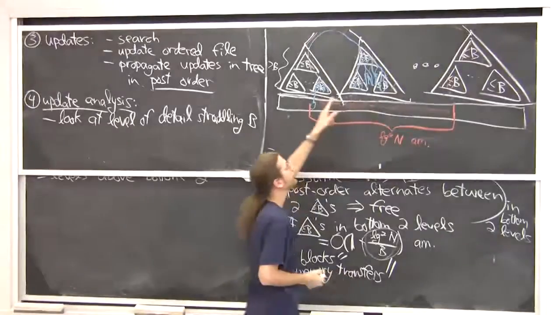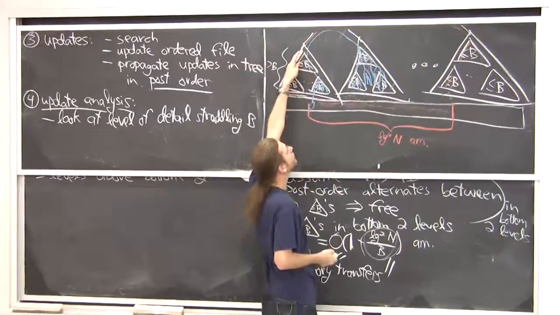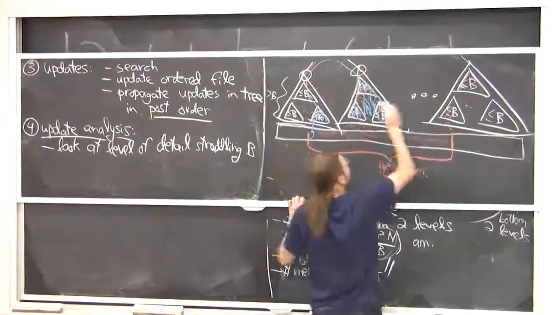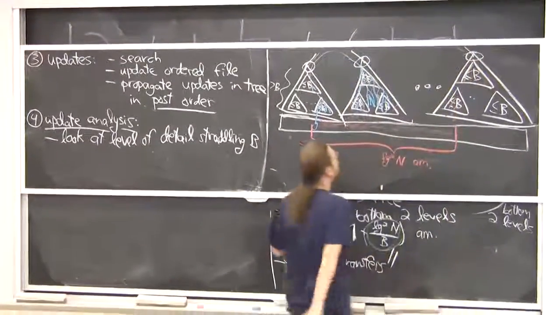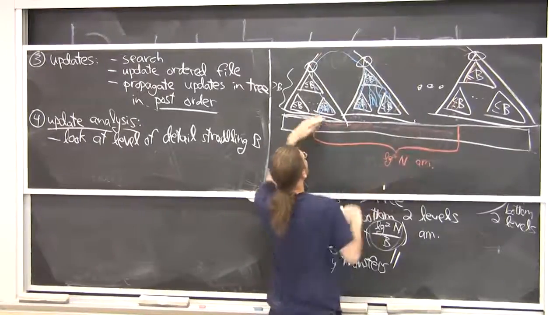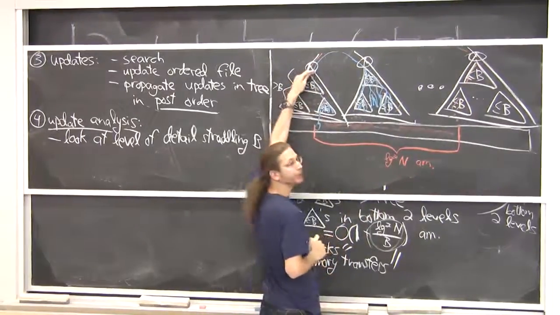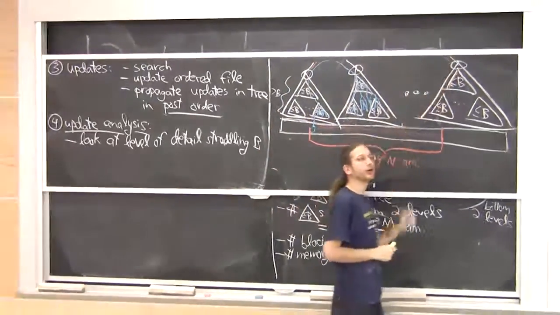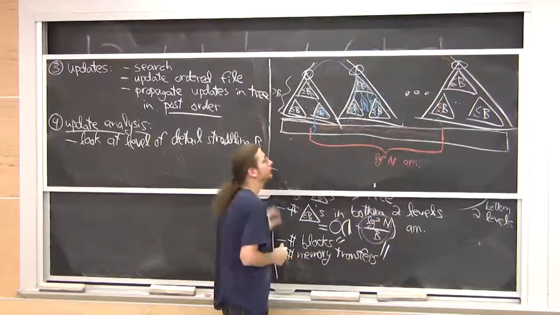That was a lot of nodes. Once I go up 2 levels, how many of these nodes can there be? These roots. Well, there's log squared n at the bottom, and then I basically shaved off a factor of b here. So the number of these roots is at most log squared n over b. That's small.